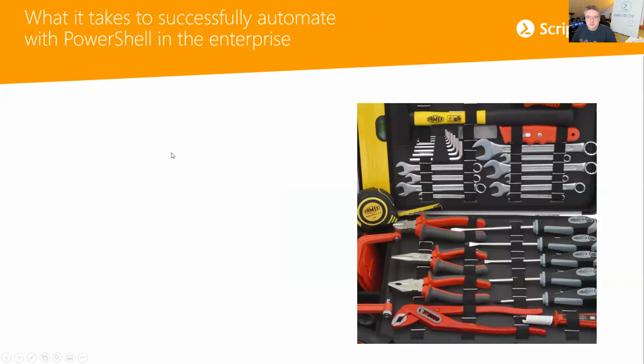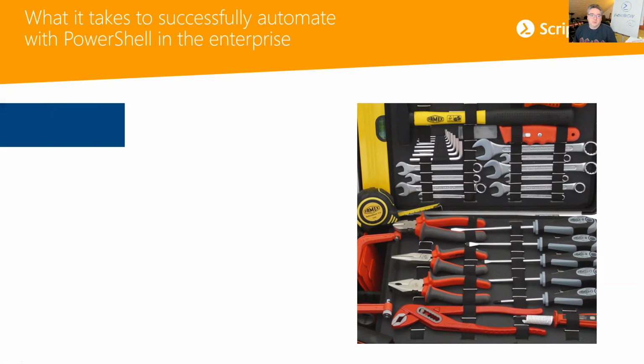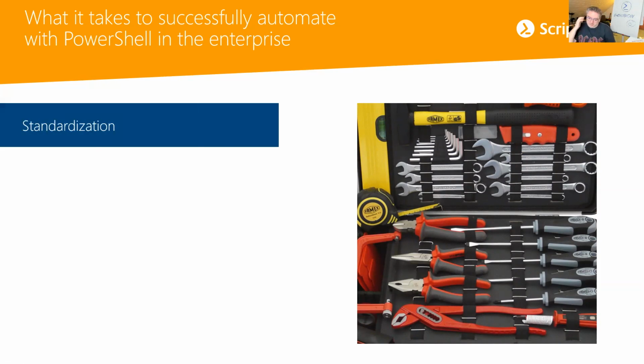What are the things that would be there to change the picture that we just saw, where you have all these different tools somewhere, into something more well organized that the whole organization can make use of? And so from our perspective, it really starts with standardization. And of course this has different aspects. One is how to write scripts.